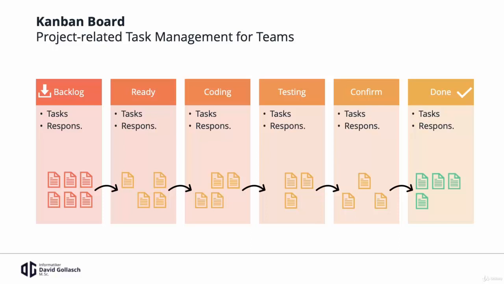So this is the Kanban technique. Very straightforward, pretty easy to apply, ideal for projects with multiple team members, but with a very good overview, so it's easy to apply this for personal projects as well.